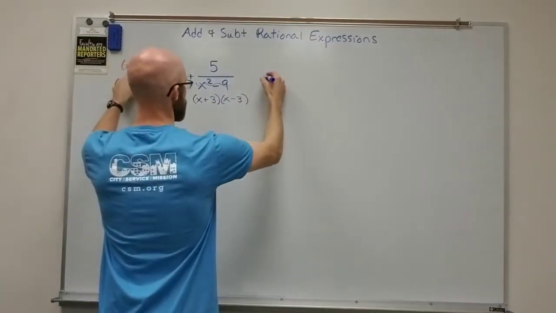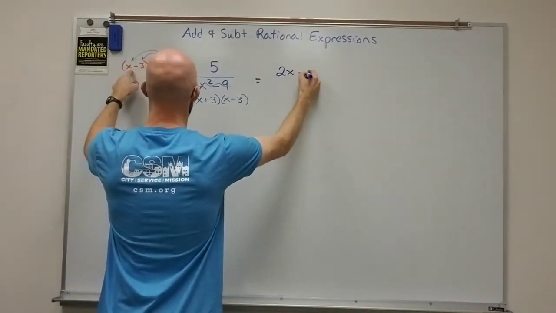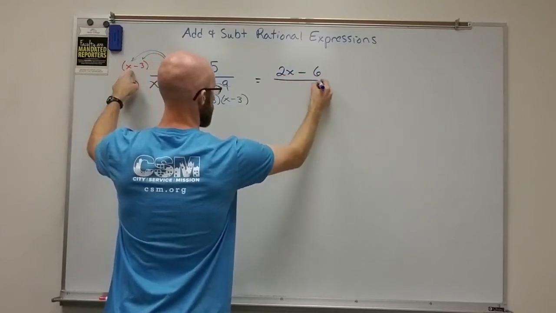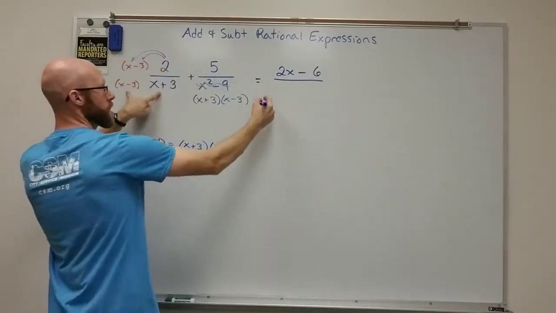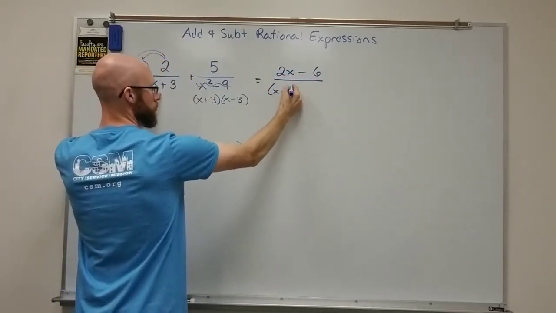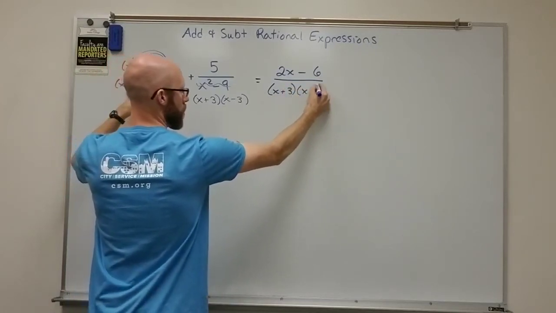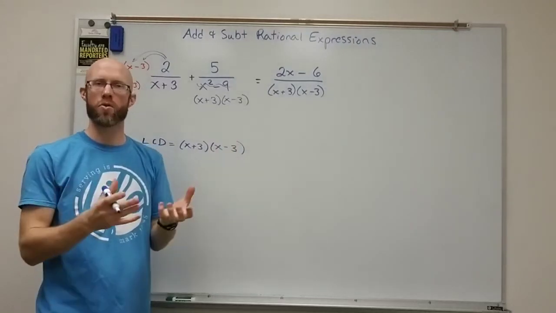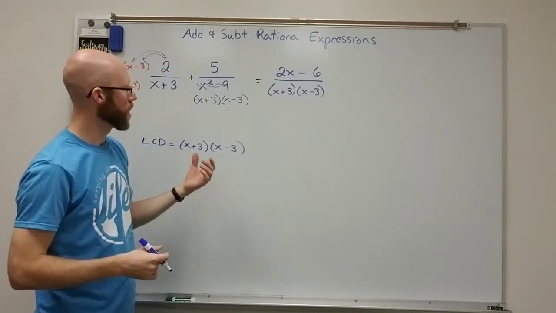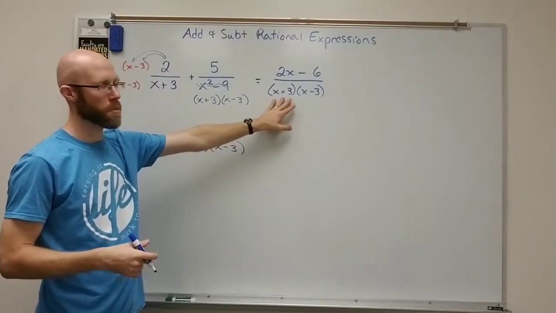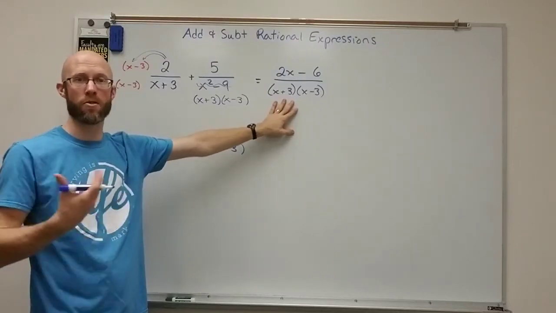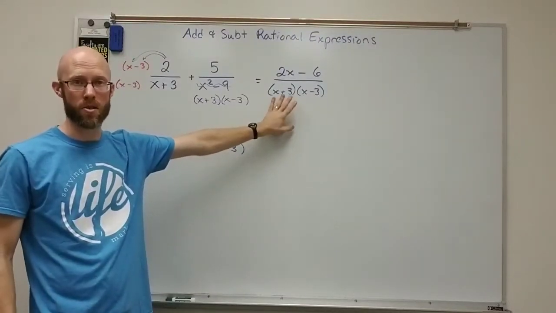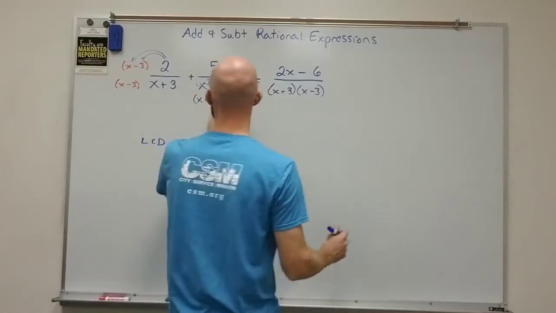We'll get 2x minus 6. On the bottom, I'm just going to write this in its factored form. There's really no need to distribute them together because we may end up having to factor apart and simplify at the end. So we'll just leave them separated.